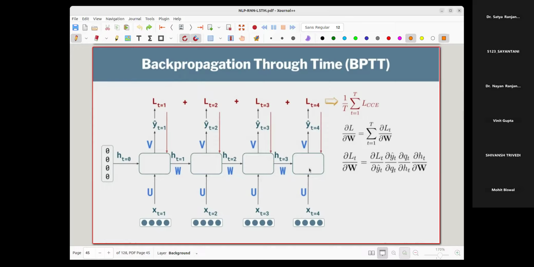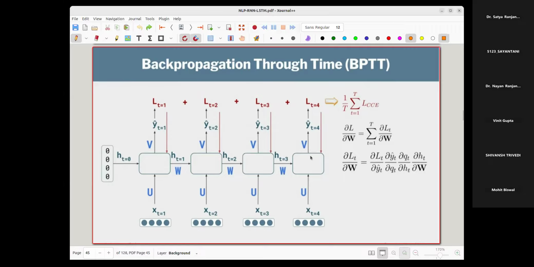Here you see, in order to calculate del Lt by del W, first we have to calculate del L by del Y, then del Y by del Q, then del Qt by del ht, and then del ht by del W. So del L by del Y, del Y by del Q, like before, del Q by del ht, del ht by del W.